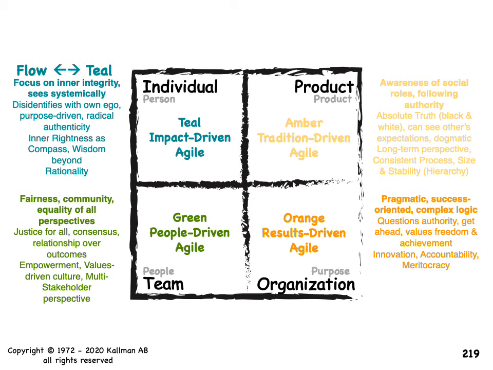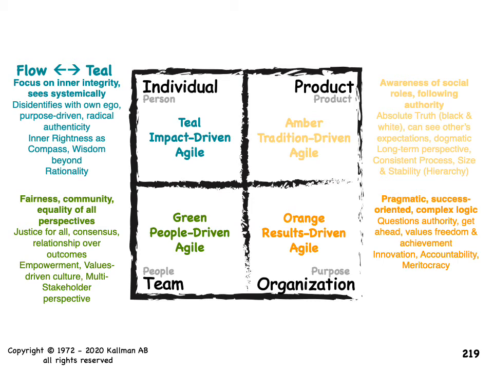Now, how we work with the other 3 boxes depends on if we're looking at it from the team perspective, the product perspective, or the organization perspective. So those are all lenses on the individual, and the other 3 areas are the 3 key areas in which they need to act and interact.